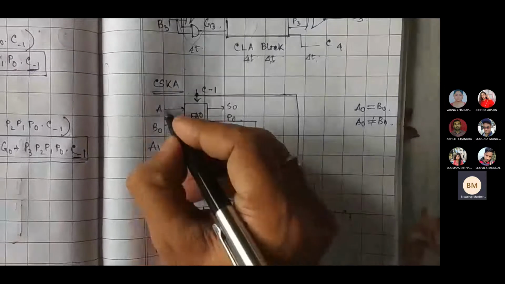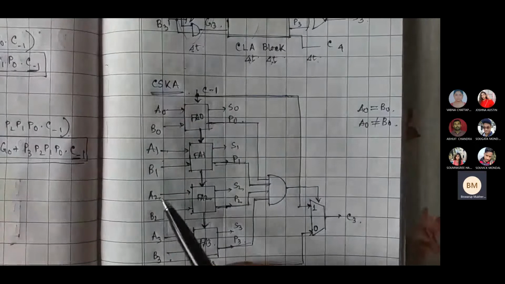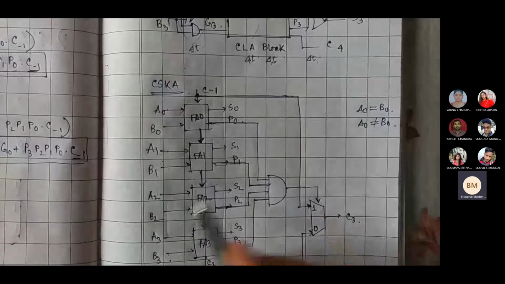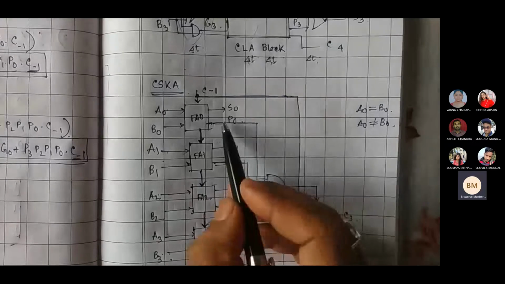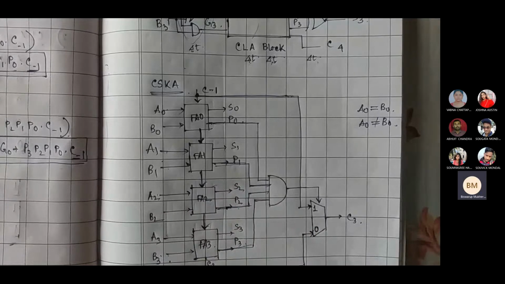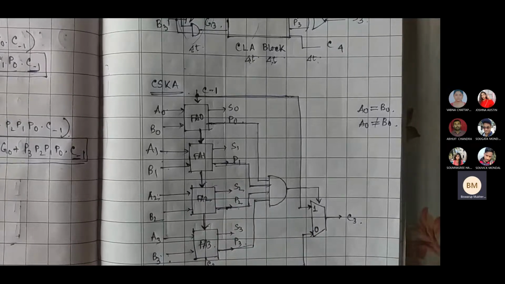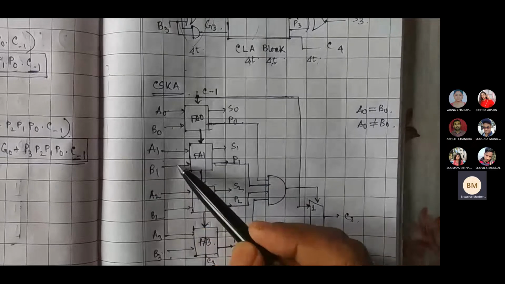If A0 B0 are not equal to each other, A1 B1 not equal, A2 B2 not equal, A3 B3 not equal, then make sure that P0, P1, P2, P3 will become high. Suppose A0 B0 are equal but A1 B1 are not equal to each other, right?